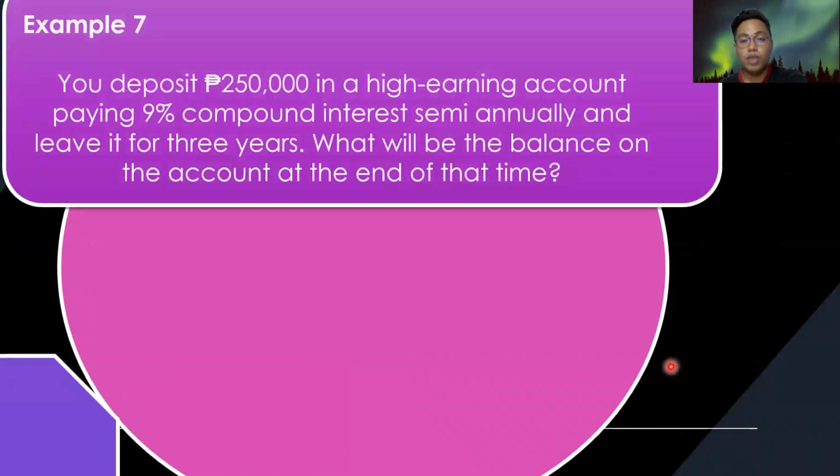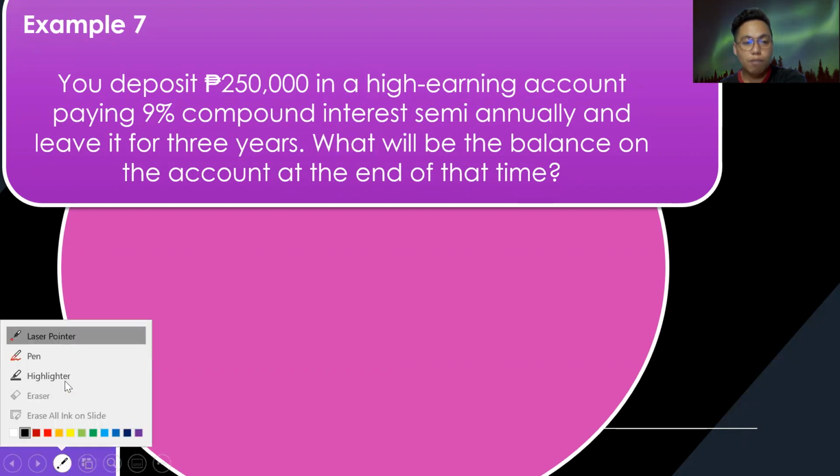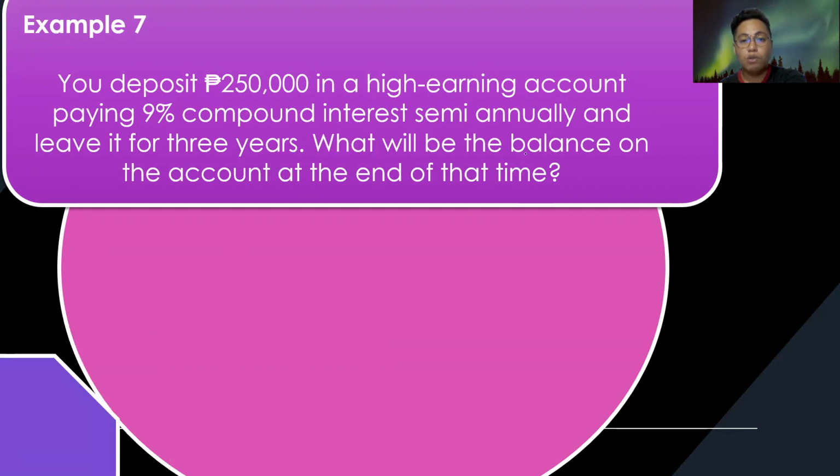Let's make sense of it by using a word problem. You deposit 250,000 pesos in a high earning account, paying 9% compounded interest semi-annually, and leave it for 3 years. What will be the balance on the account at the end of that time? The question is focusing on how much will be the balance, or the future value of the money.